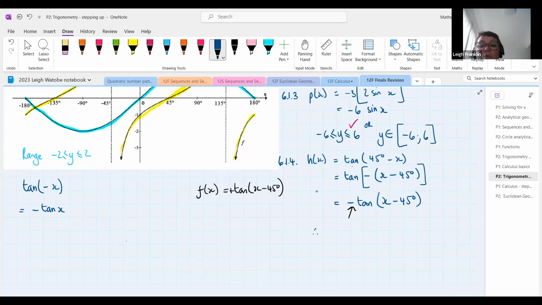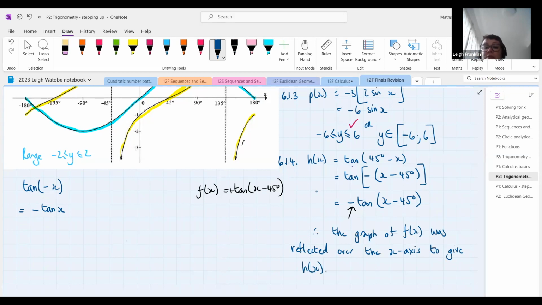So therefore, the graph of f of x was reflected over the x-axis to give h of x.